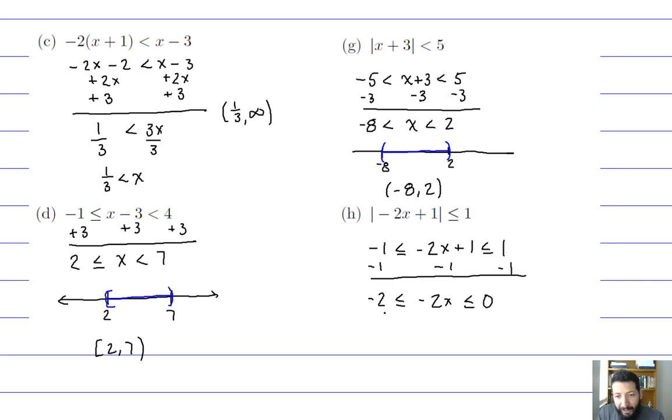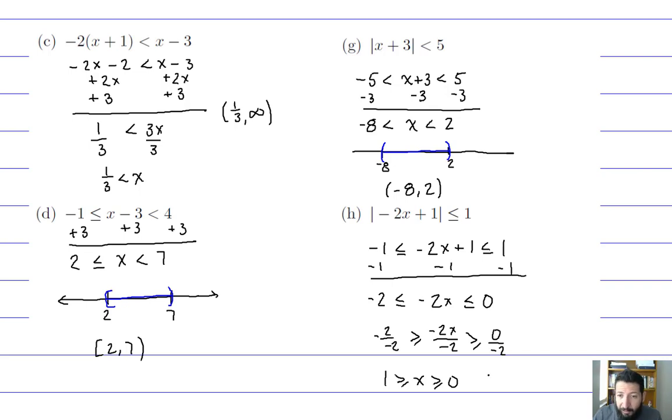Now I divide by negative 2, but you've got to be really careful, because when you divide by negative 2, you're going to have negative 2 over negative 2 greater than or equal. Remember, I'm dividing by a negative number, so be very careful. And then greater than or equal to 0 divided by negative 2, which is 0 nonetheless. So we get 1 greater than or equal to x greater than or equal to 0.